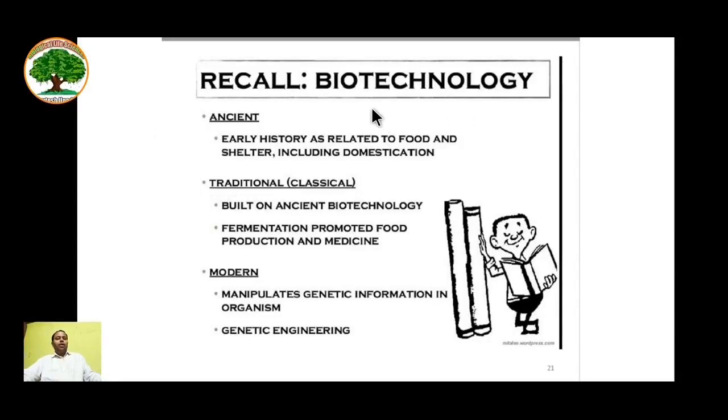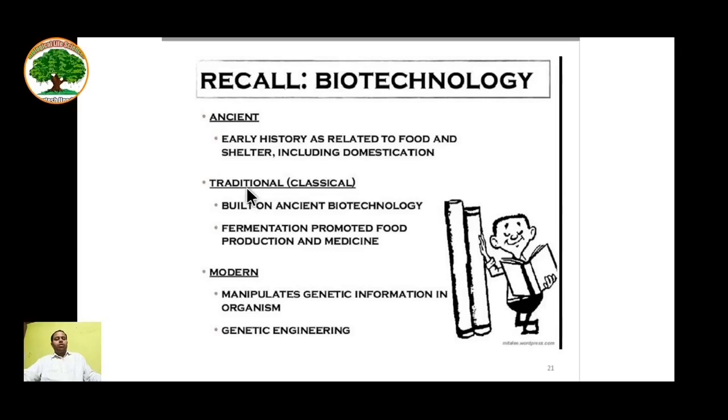Let's recall there are three types of biotechnology. First is the ancient one. As we saw in the case of Chinese people, they were using moldy curd for treatment of different types of infections. So earlier history is related to food and shelter, including domestication of animals.